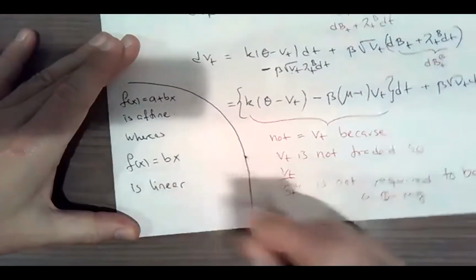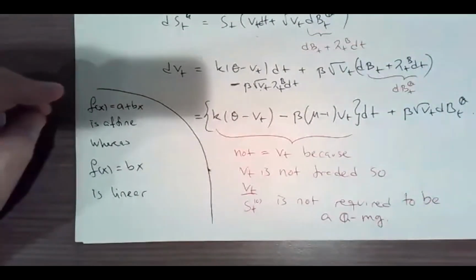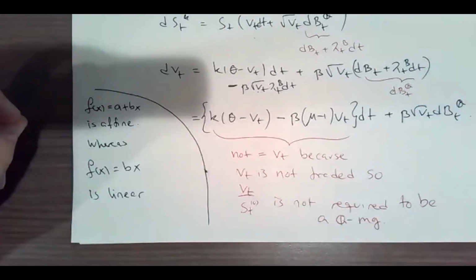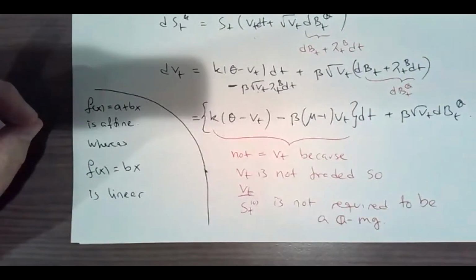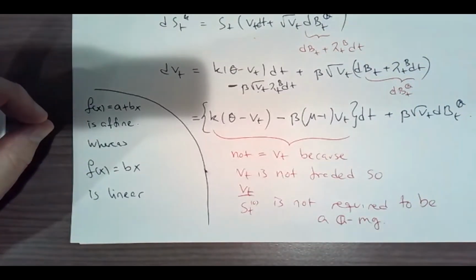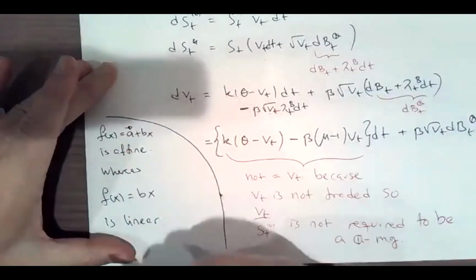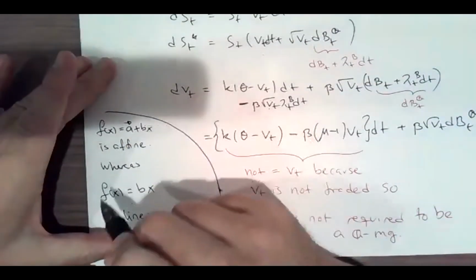Does affine have to do with affine transformation, where there's a matrix associated with the linear transformation? Sure, you can have this as a vector, and you can have that this here is a matrix.